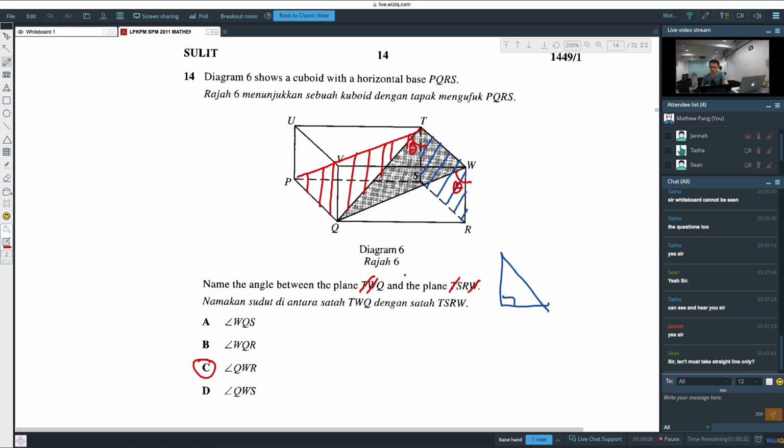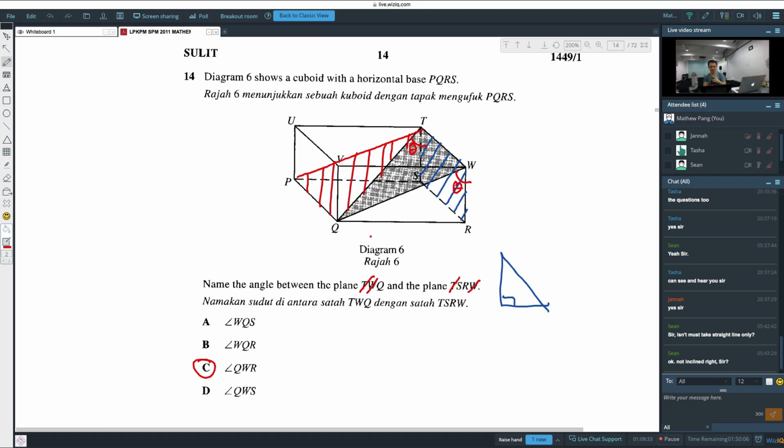What do you mean by straight line? Okay, so normally we have to take the angle that gives us the 90-degree one. If we take QTW or something like this, you couldn't see the 90-degree triangle. How to explain?